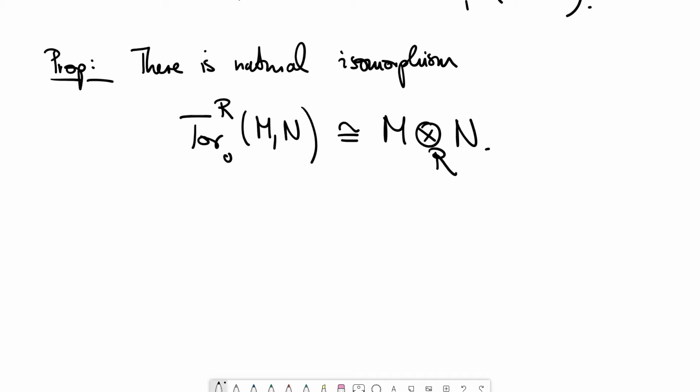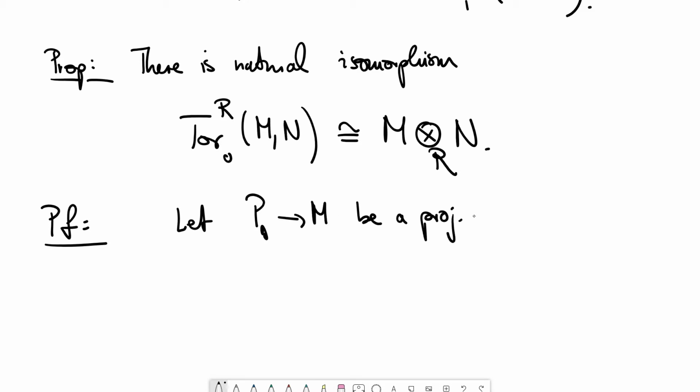So let's prove this. We need a projective resolution of M for this purpose. So let's consider P_*, a projective resolution.